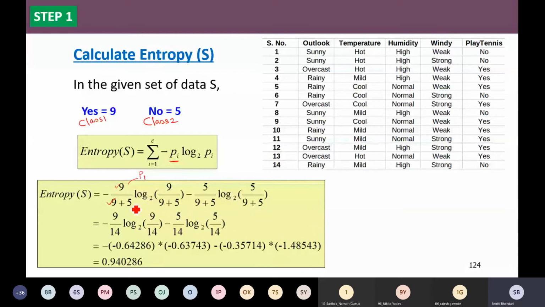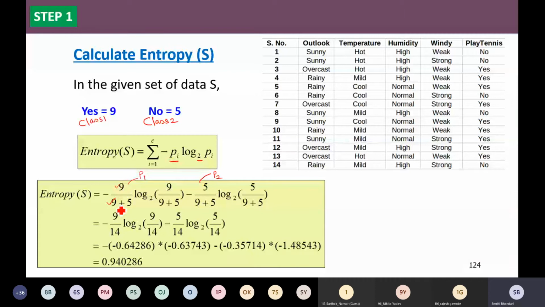So minus 9 divided by 14 log of, once again pi, 9 divided by 9 plus 5 to the base 2. Please remember we are using the logarithm with base 2. Minus, for the second class now, 5 divided by 9 plus 5 is meant for class 2. So this is P2. Okay, so 5 examples belong to class 2, that is no, and the total number of samples is 9 plus 5.